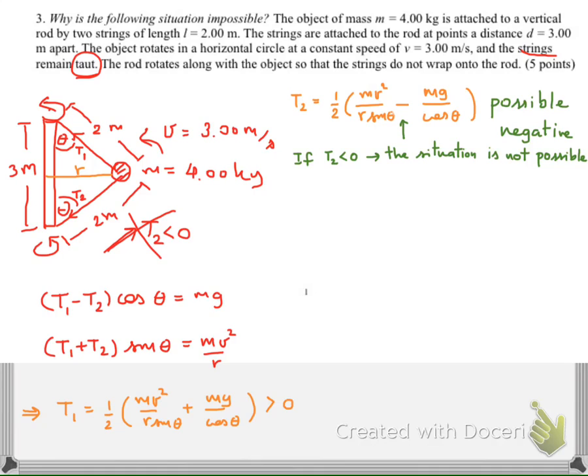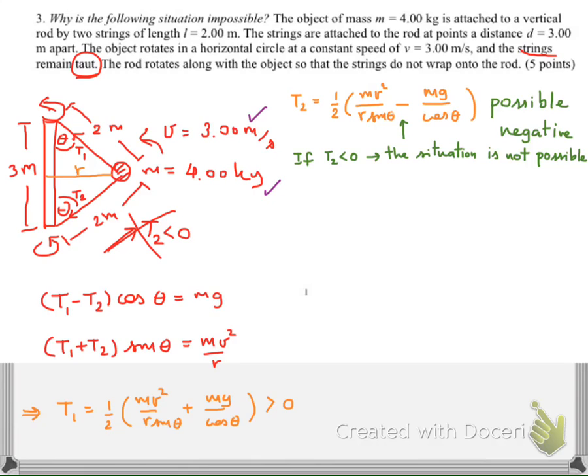We will find that if you substitute all of the parameters, we already have m here, we have v here, and what else?